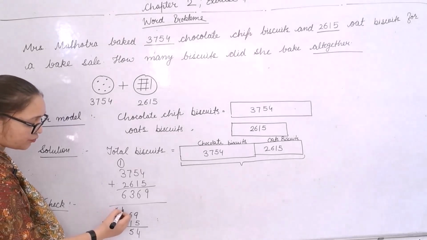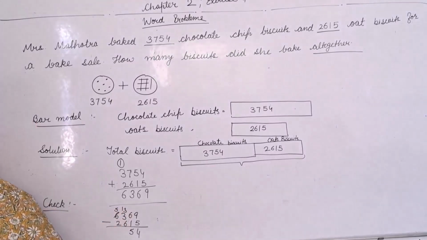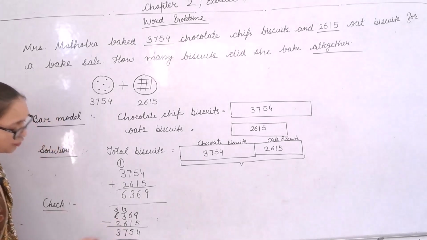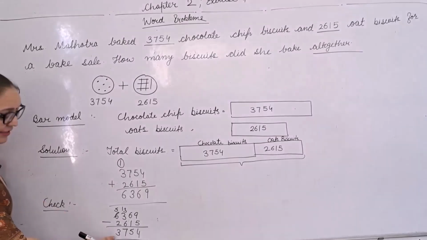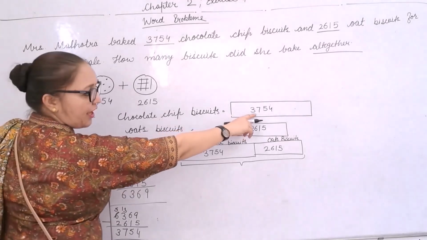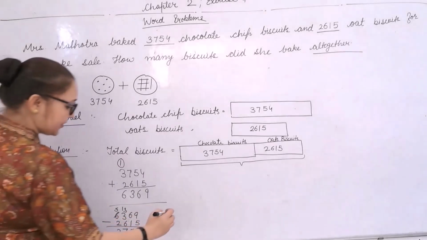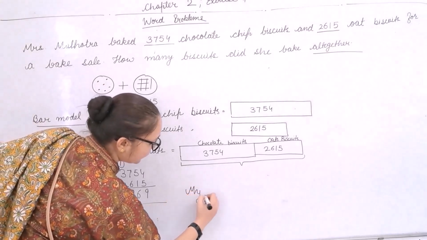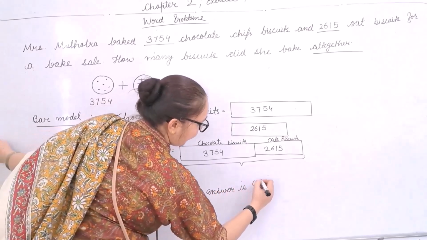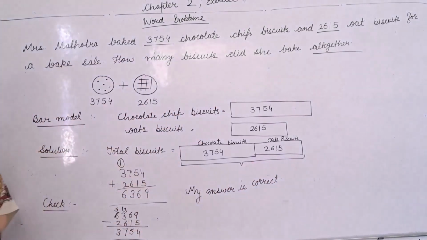This would be 5 and this would be 13. 13 minus 6? 7. Very nice. And 5 minus 2? 3. So our answer is right. This is 3,754. Here also we have the same number. So my answer is correct. Now I will erase it and you will solve this on your own.